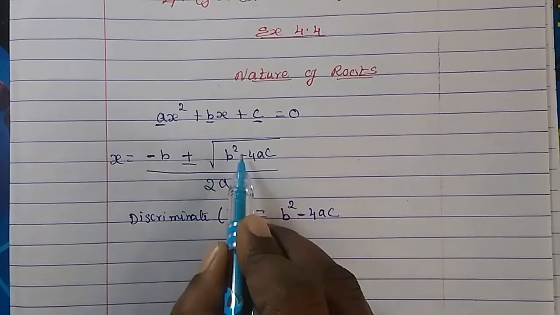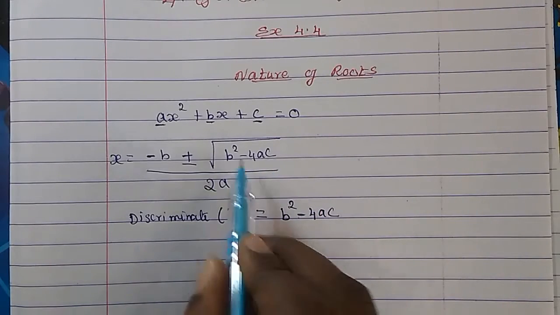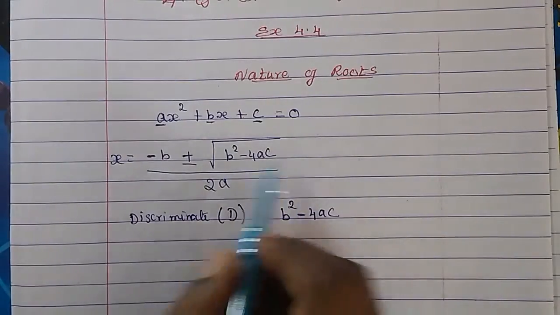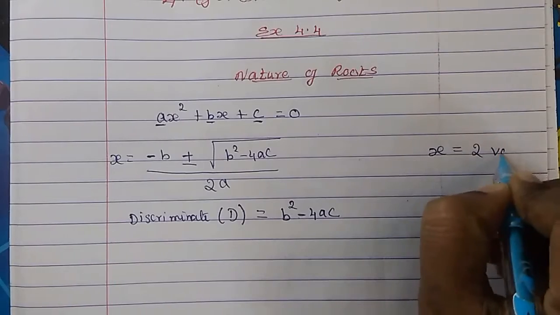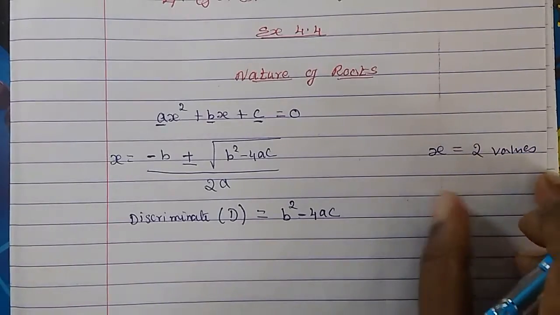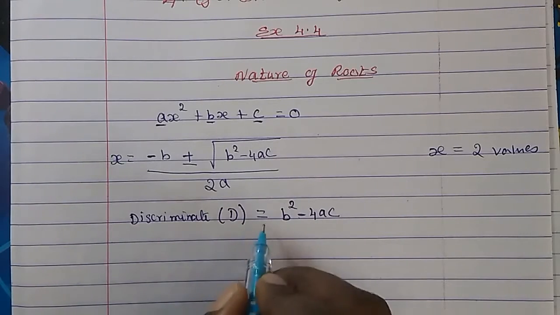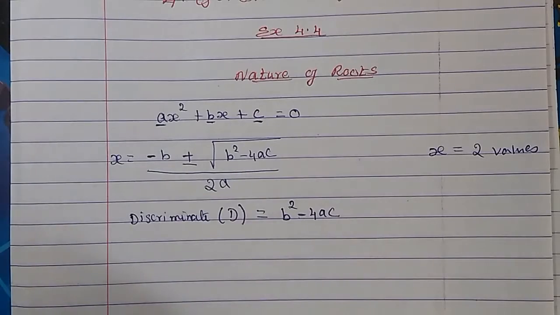So instead of b square minus 4ac, you can write capital D inside. When we solve the equation, we get two values of x, and these values depend upon this D. D is equal to b square minus 4ac, so instead of this you can also write capital D there.